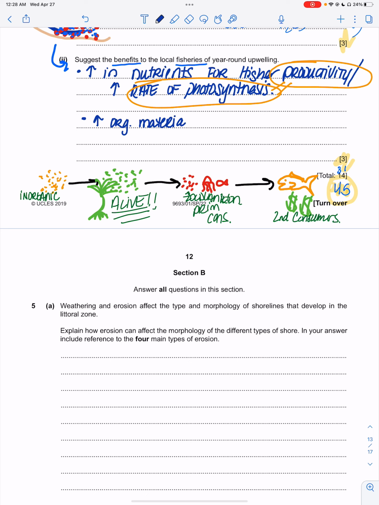Increase organic material. We can say biomass for the food chain. Or you could even say for trophic levels.